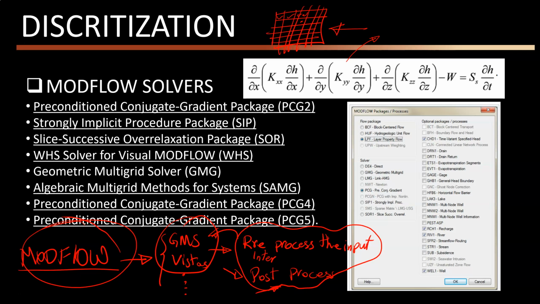But to solve this equation, these GUIs can use multiple numerical solvers or numerical approaches. For example, DE4 or direct method, GMG, LMG, PCG, SIP1, and SOR1.